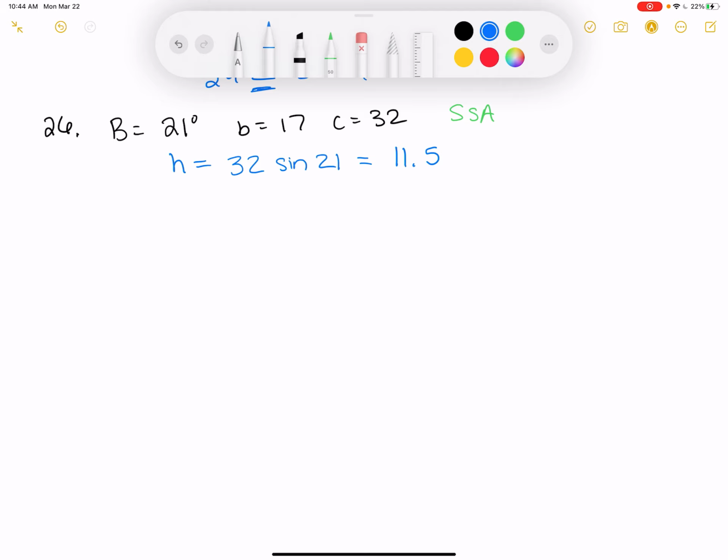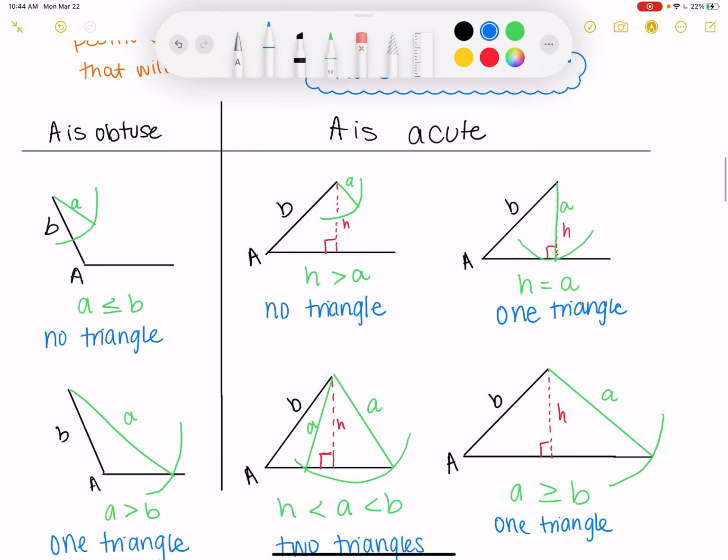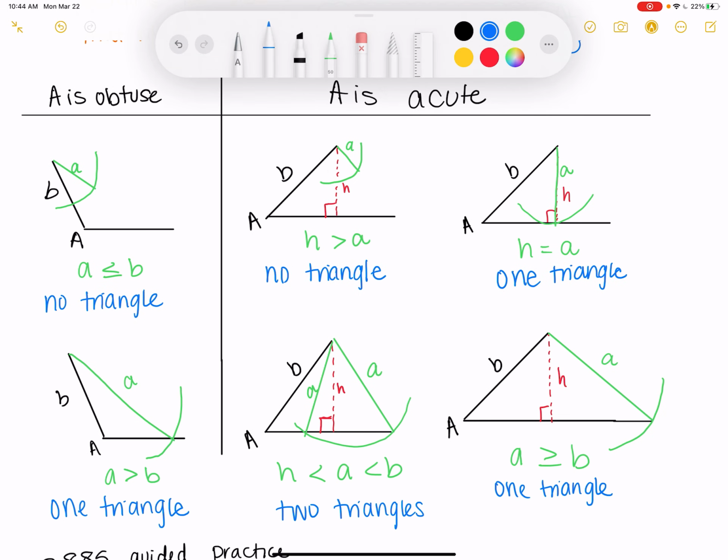All right, so which case do I have then? All the way back up to the top, the triangle cases.